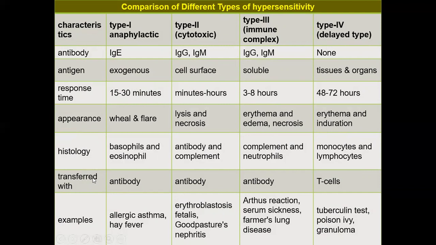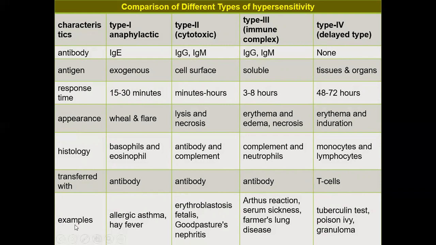And the transfer of reaction is with antibody in type 1, antibody in type 2 and type 3. These are all antibody mediated reactions, and type 4 is cell mediated, that too T cells.